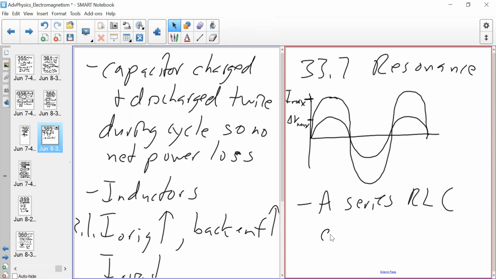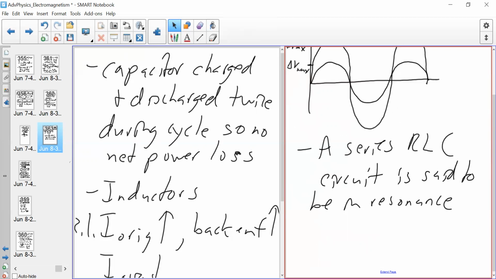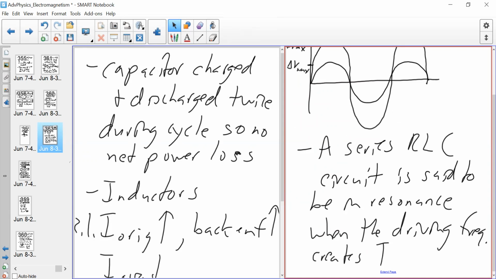So a series RLC circuit is said to be in resonance when the driving frequency, or the frequency of the voltage source, creates an RMS at a maximum value. It's not about looking at the Imax because those peaks cancel each other out over time.